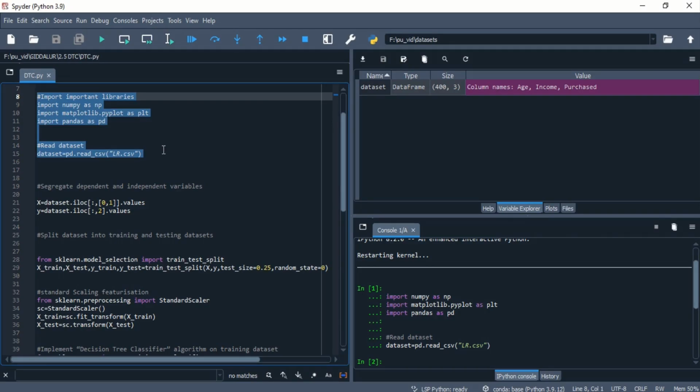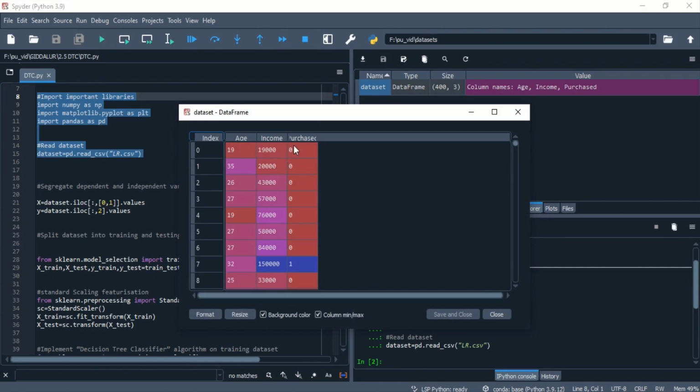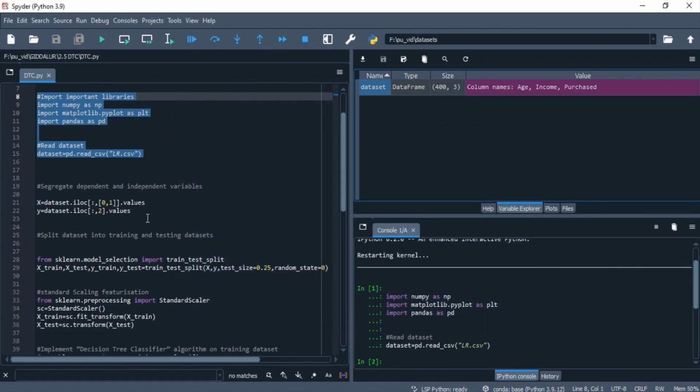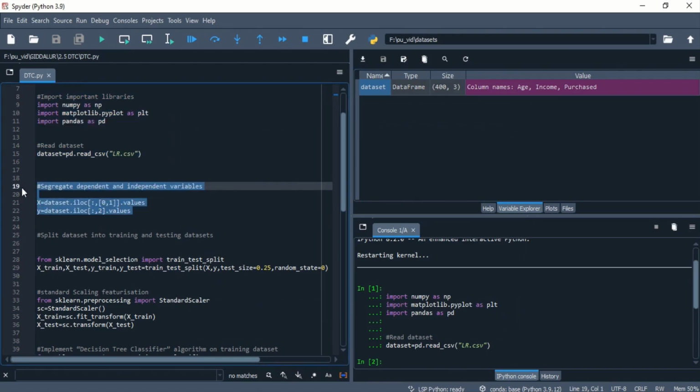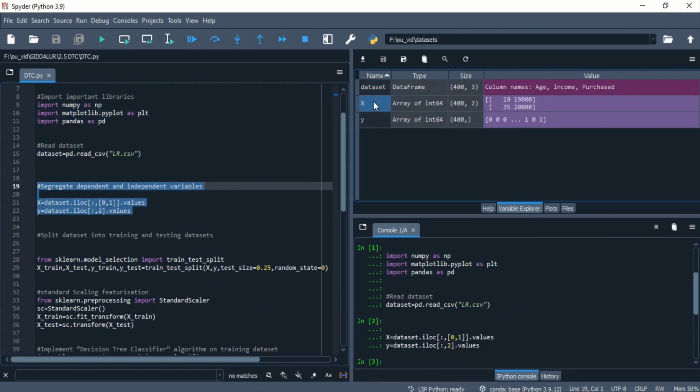In this practical session also, we are working on the same dataset so that we can understand the concept really well. That's why I have already imported all the important libraries and read the dataset. The dataset is the same, purchasing on the basis of age and income. Now I am segregating my dataset into dependent and independent variables.